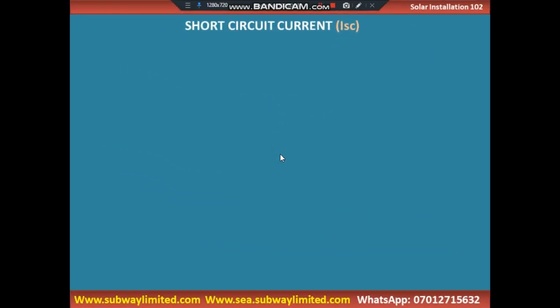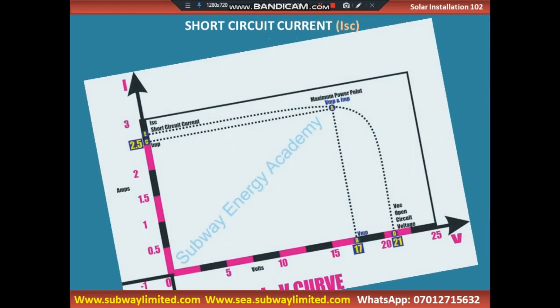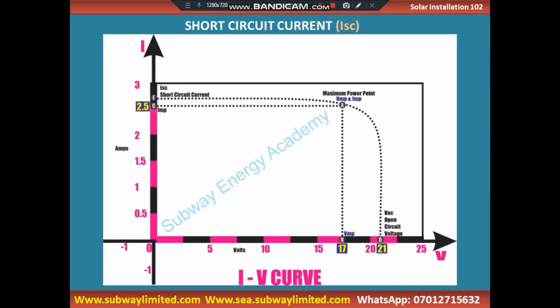Before we touch on the solar panel nameplates, let us consider the short circuit current, as we see on this IV curve.